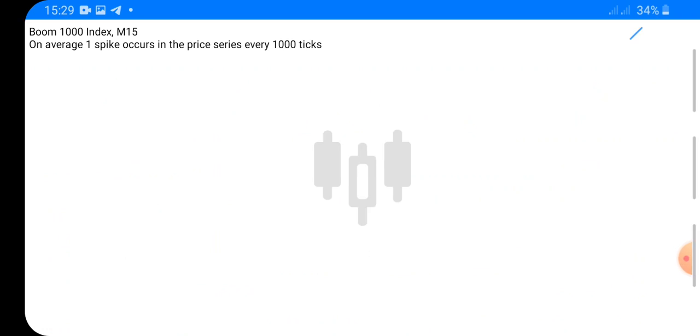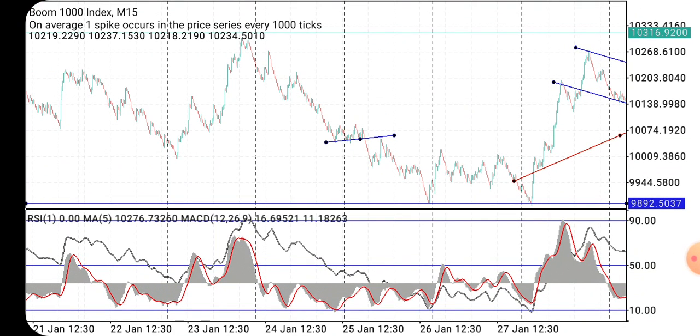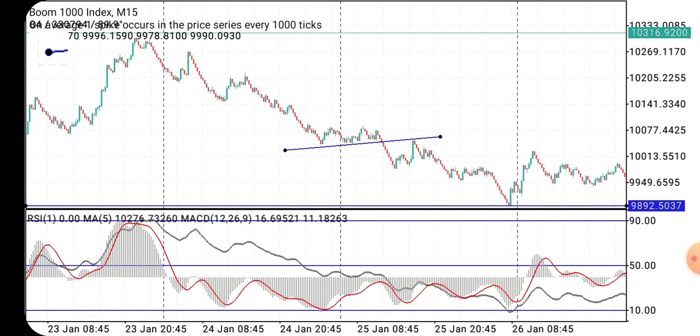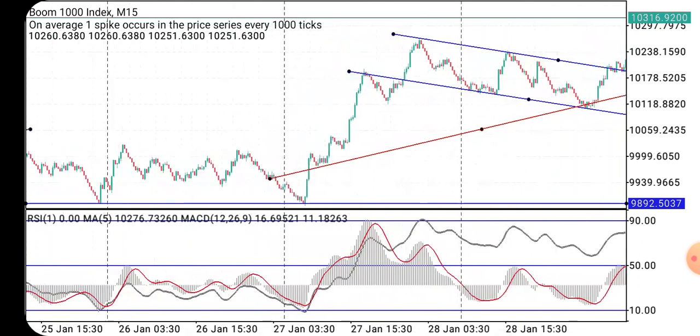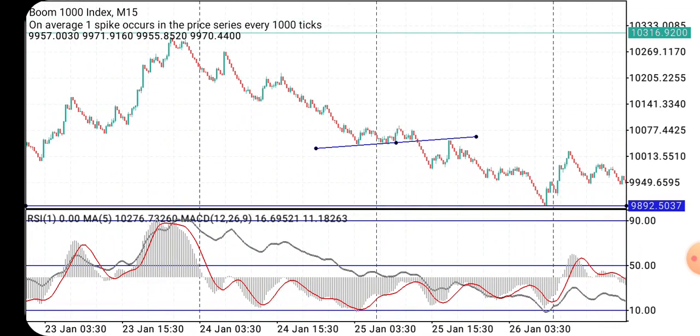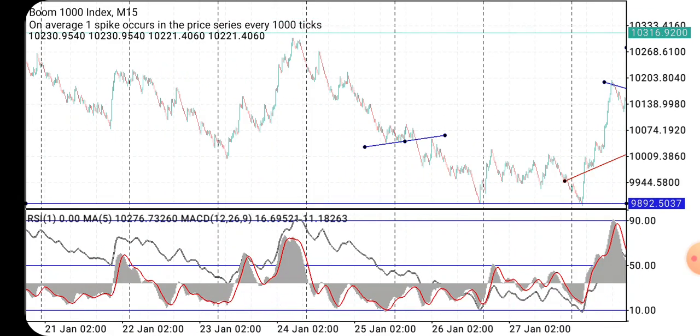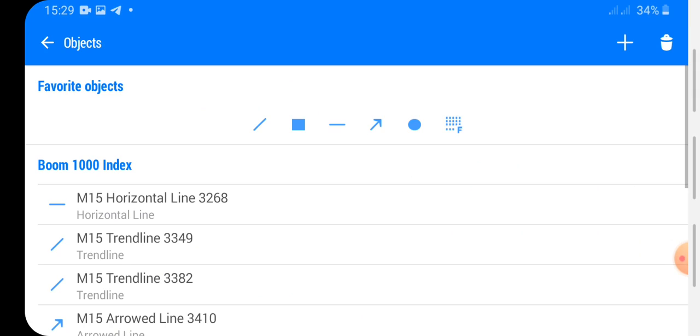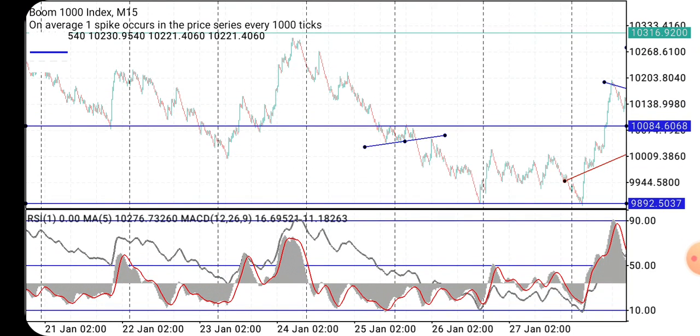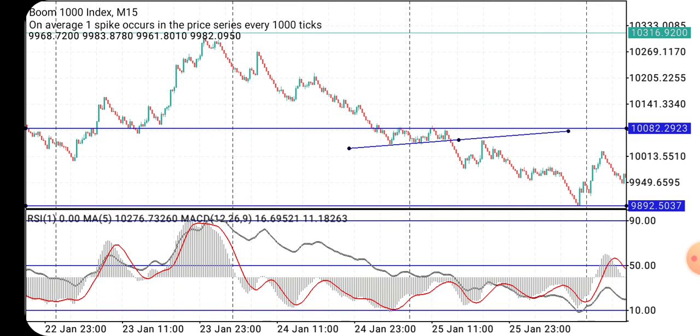If we go here, we can easily see that the market had been respecting this level. It formed what is called a descending triangle.